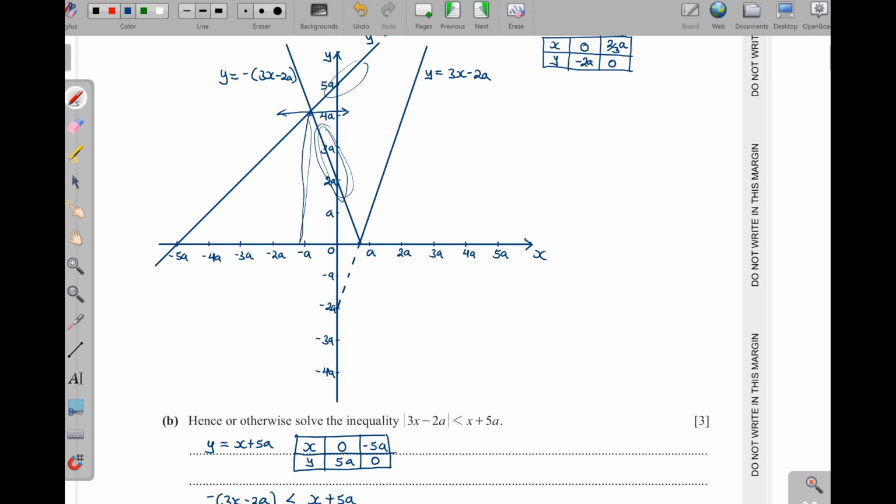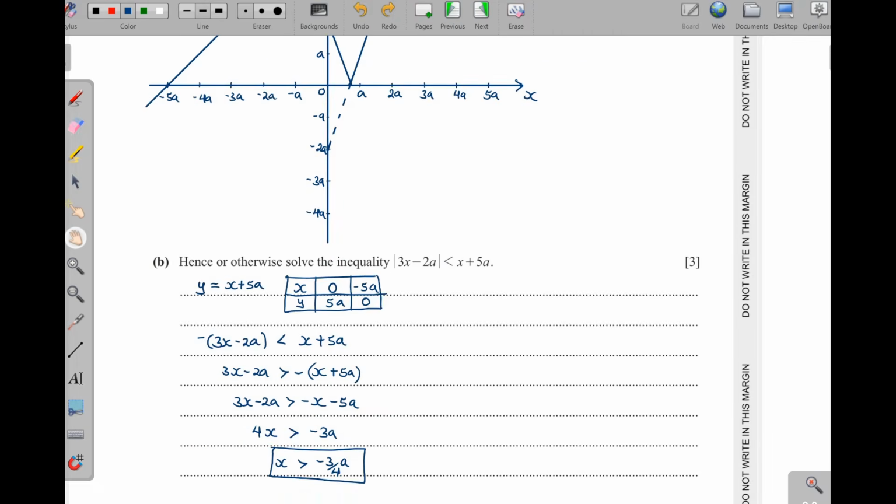Based on the inequality, they are saying this one has to be below, because this is less than, it has to be below this line. So it is therefore correct. When you go to the right, we can see this modulus is less than this graph here, which is always above. As simple as that.